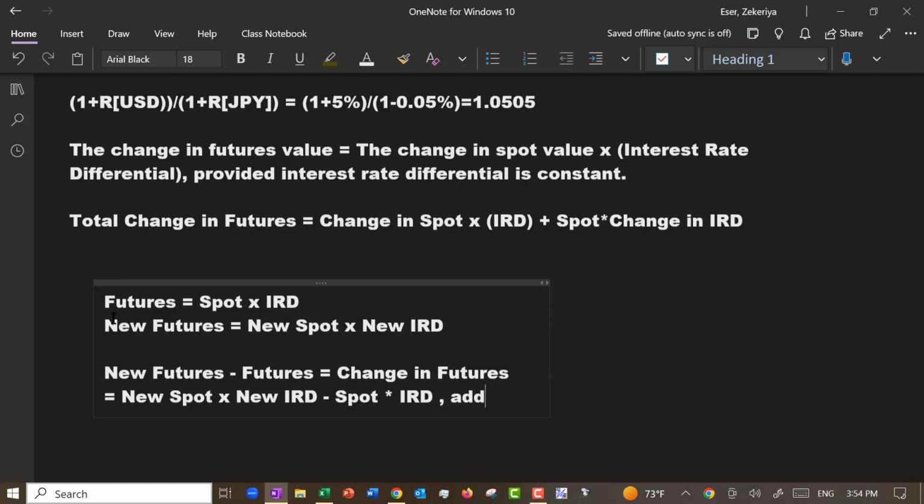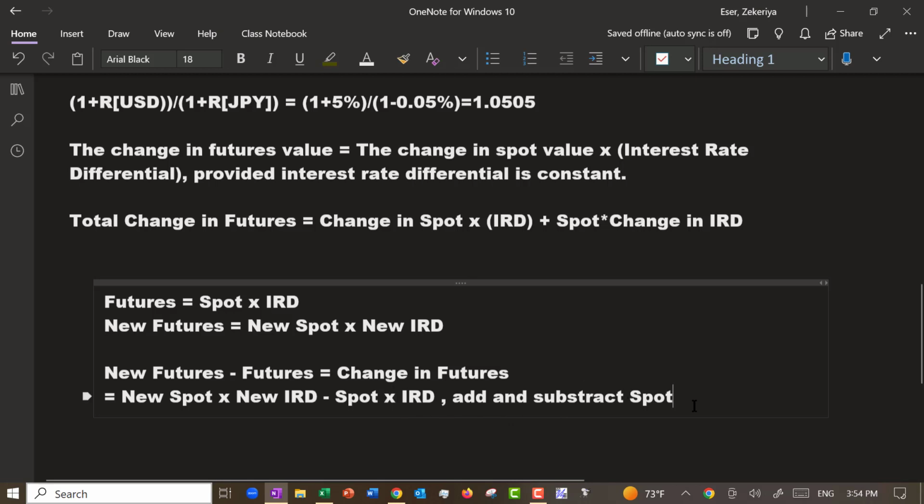First, add and subtract spot times IRD, new spot times IRD.